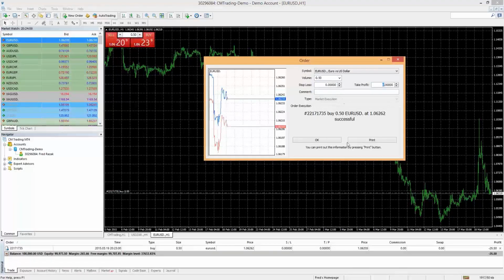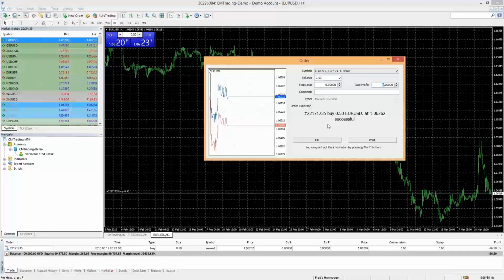Then the next options are take profit and stop loss. This is really useful when you are trading and you want to protect yourself. A stop loss means that if it hits that price, you're out. You set up a specific price where, for example, we bought it at 1.06262, right?